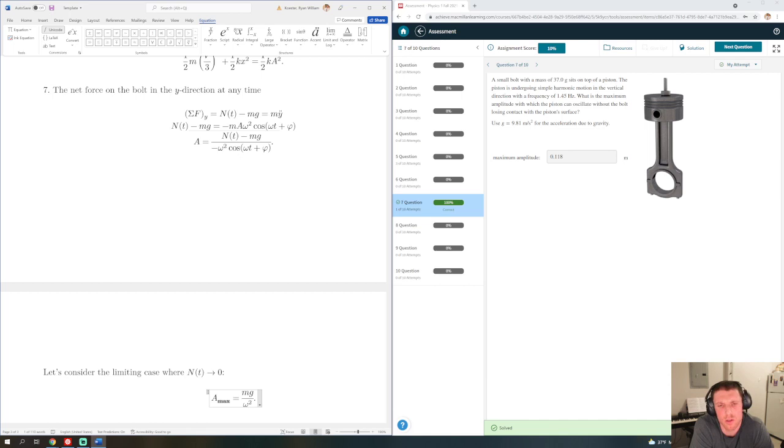But somehow the minimum normal force is supposed to correspond to the maximum amplitude of the oscillation, or, how do I say this?